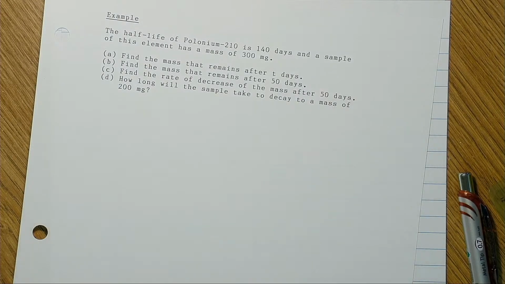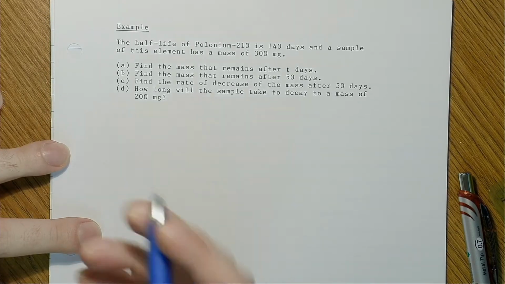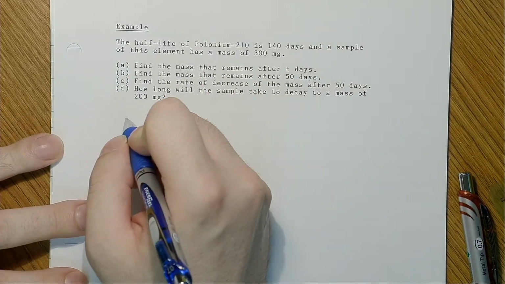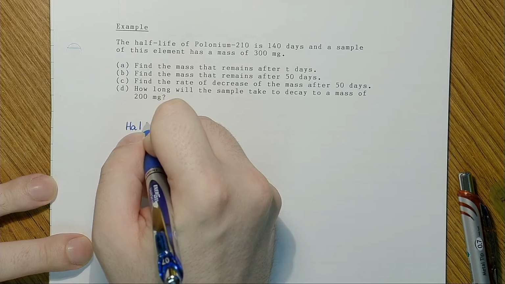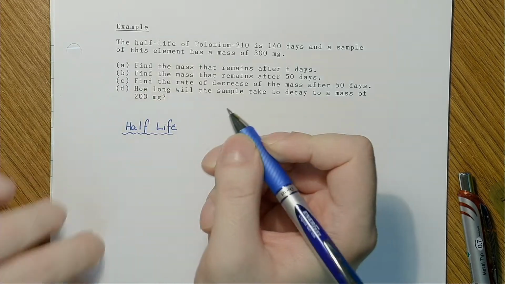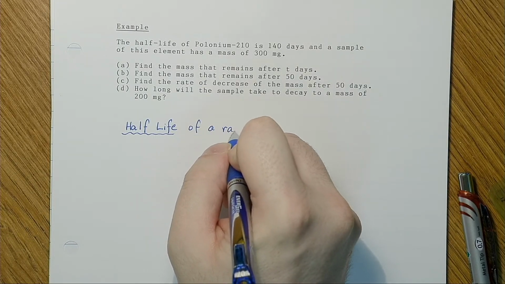There's the half-life of a radioactive substance, and the half-life is the period of time during which any given amount decays until half of it remains.